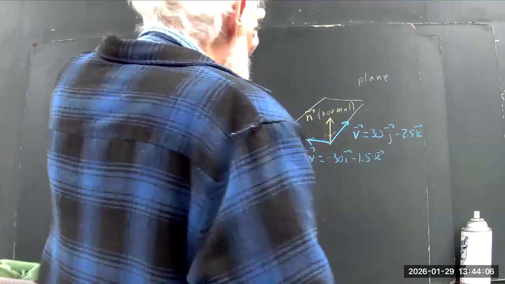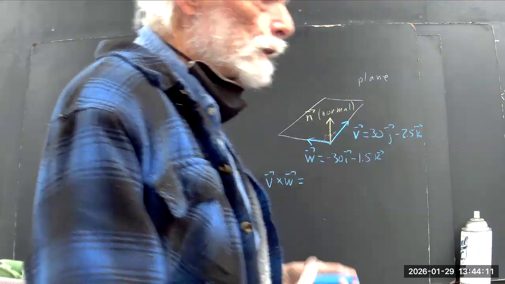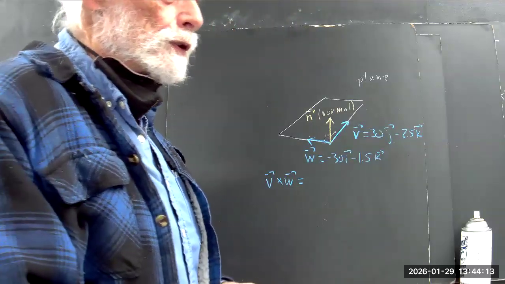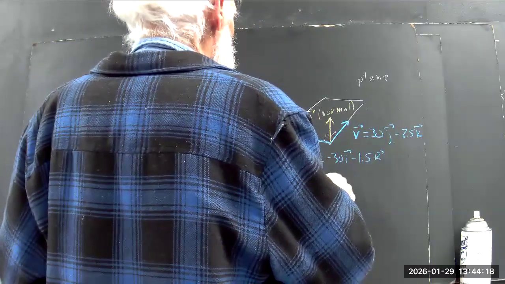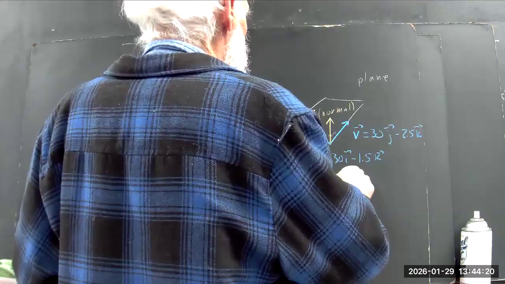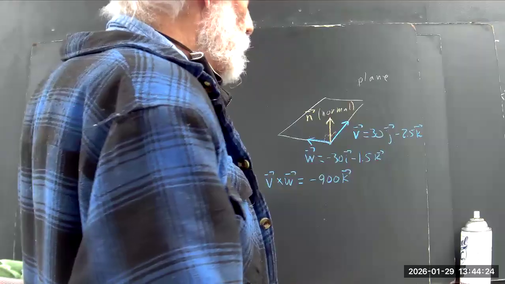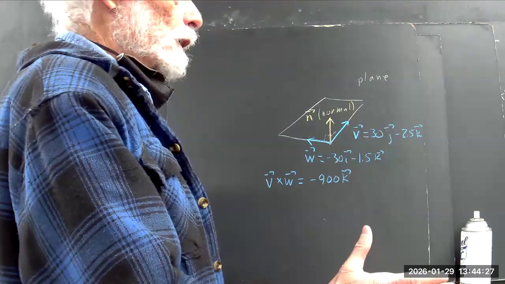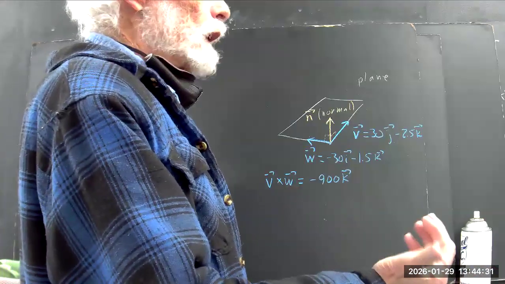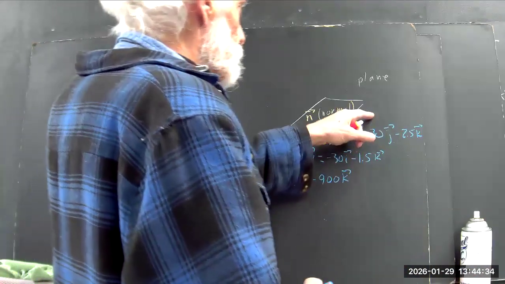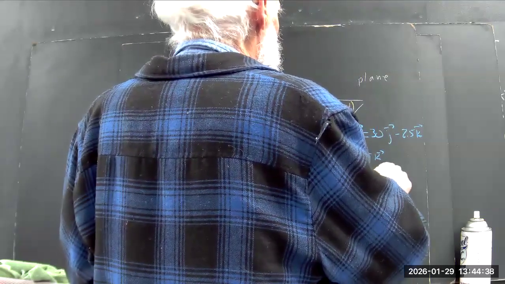So V cross W, 30J times negative 30I is negative 900. I cross J is K, so we're going to have negative 900K. And then 30J times 1.5K. J cross K is I. Okay, so 30 times negative 1.5 is negative 45I.